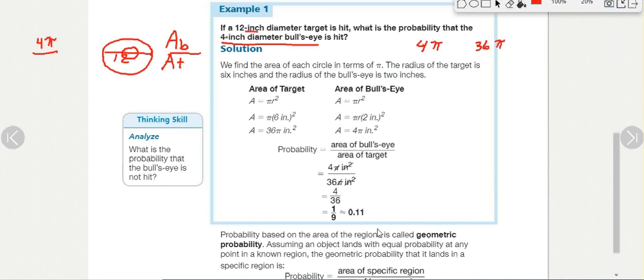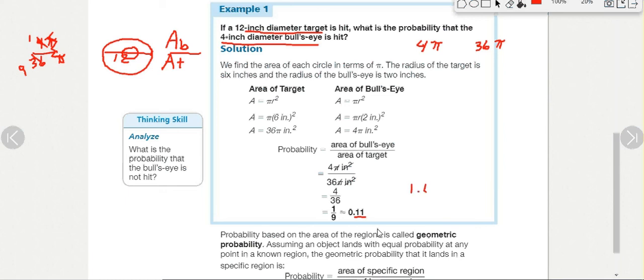That's the target. And we have a nice reducing situation here. Cancel out your pi's. Divide top and bottom by 4. 1/9, or shown in decimal form.